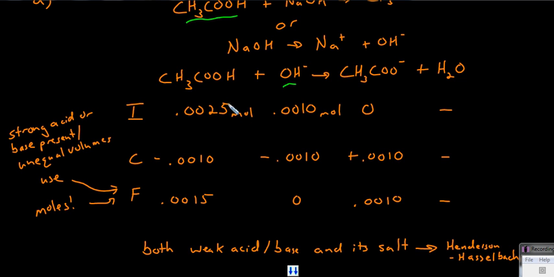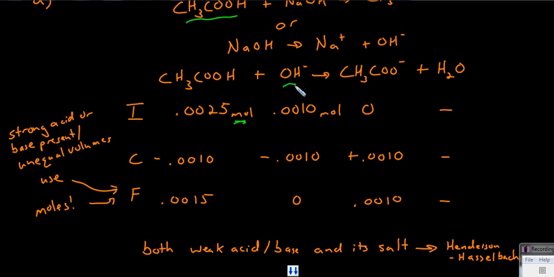And so you want to calculate the number of moles of acetic acid and then hydroxide. You're using the ICF table. And so to find moles, do molarity times liters, so you get the following number of moles.